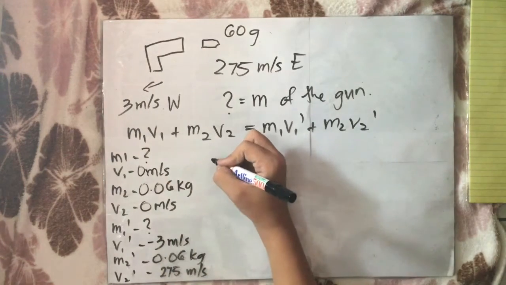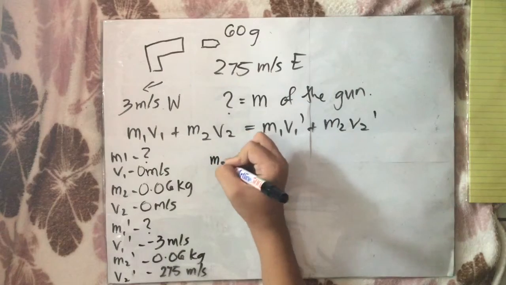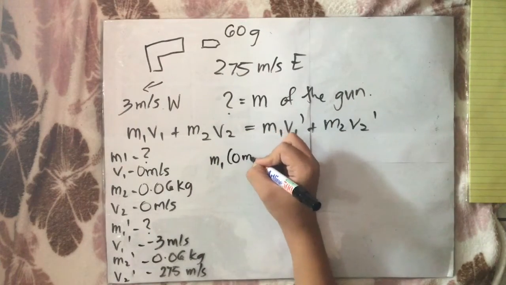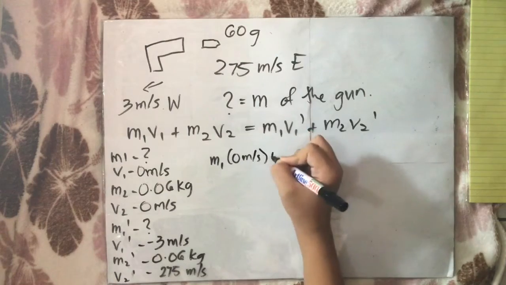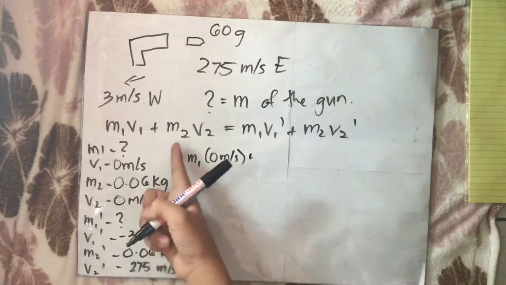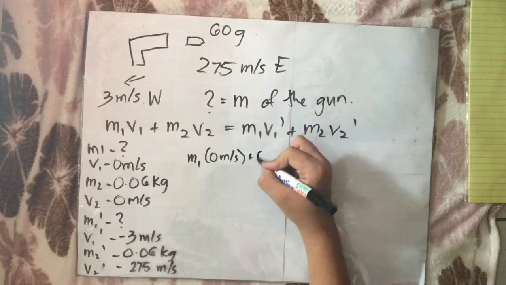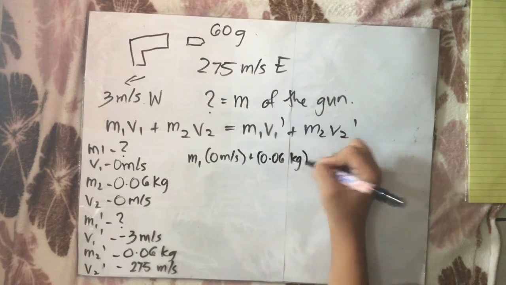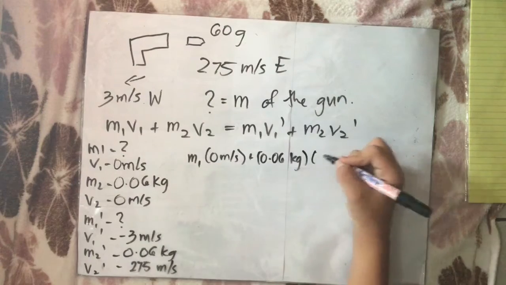So M1 is missing, so we write M1, V1 is 0, plus M2, which is 0.06 kilograms, multiplied to 0.